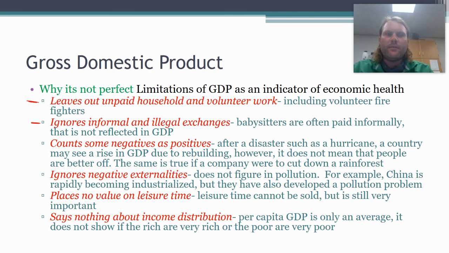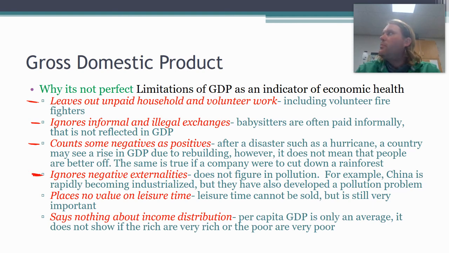They can't always keep track of everything. Sometimes bad things happen and it turns into a positive. Hurricane Katrina flooded New Orleans, and the government purchased emergency living trailers to ship down to New Orleans. That was really good for somebody's GDP, specifically Elkhart's. So it does count some negatives as positives.